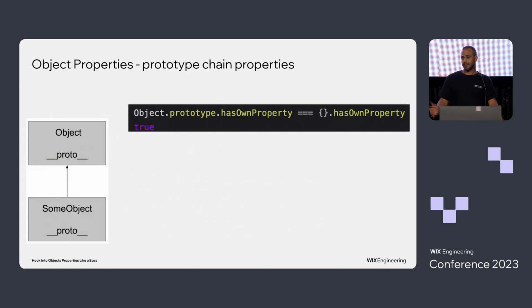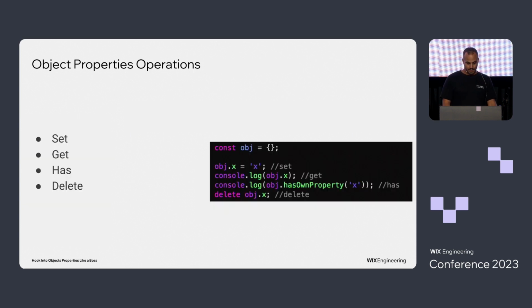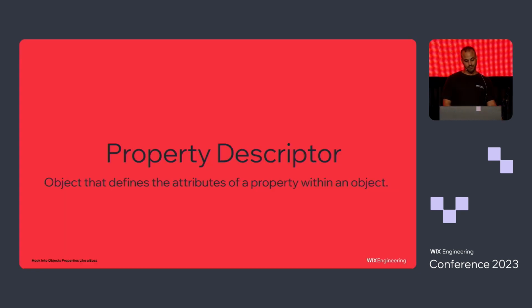About prototype properties, for example, if I have an object with a property, it's the same property as on the prototype of the object, except for objects that are created with an empty prototype, which doesn't have any properties. About operations that we can do on properties, basically it's setting them, getting their value, checking if they exist, and deleting them. These are the common usages of properties in JavaScript.